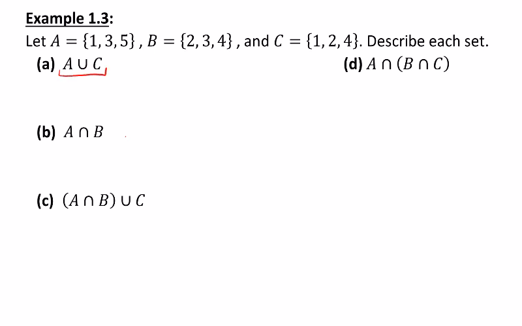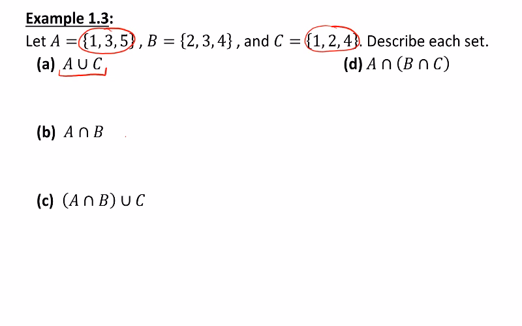union with C. So the union, by definition, is wanting to take all of the elements from A and all of the elements from C, and it wants to put them together as one big set. Now, if there are any elements that are shared in common, we do not need to write them down more than once. So we're only looking for unique entries of the elements.